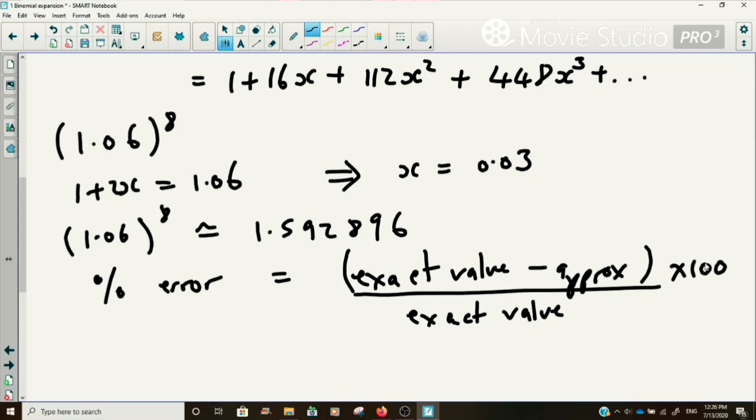Okay, so the percentage error is the exact value minus the approximation divided by the exact value times 100. Let's just put a box around that.